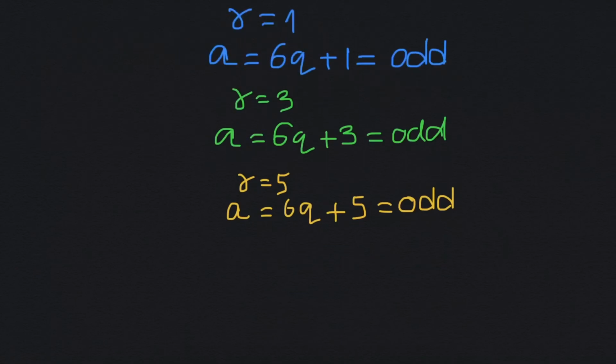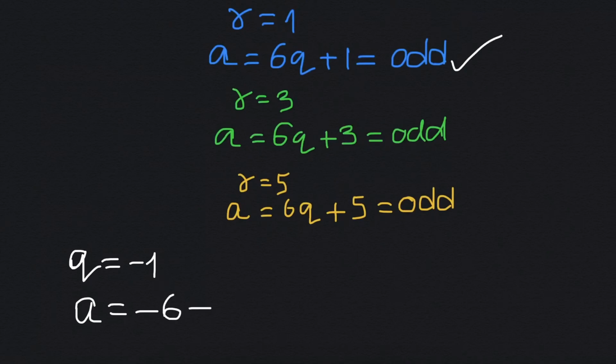As we know, q can be any integer. So let's put some q value. Putting q is equal to minus 1, let's see what happens. In the first expression, a is equal to minus 6 plus 1, which is equal to minus 5, which is also odd.